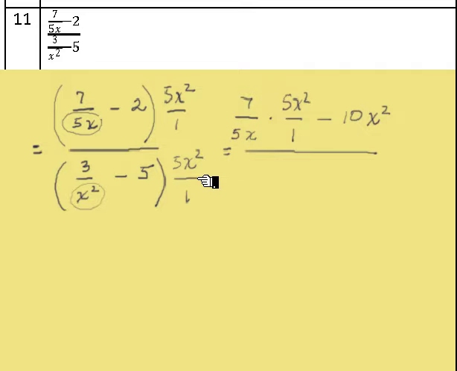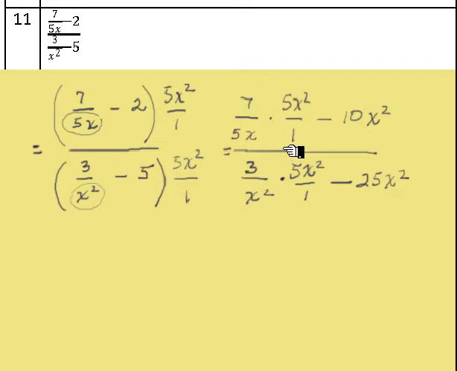All right, now in the denominator, first distribute 3 over x squared times 5x squared over 1, minus 25x squared.